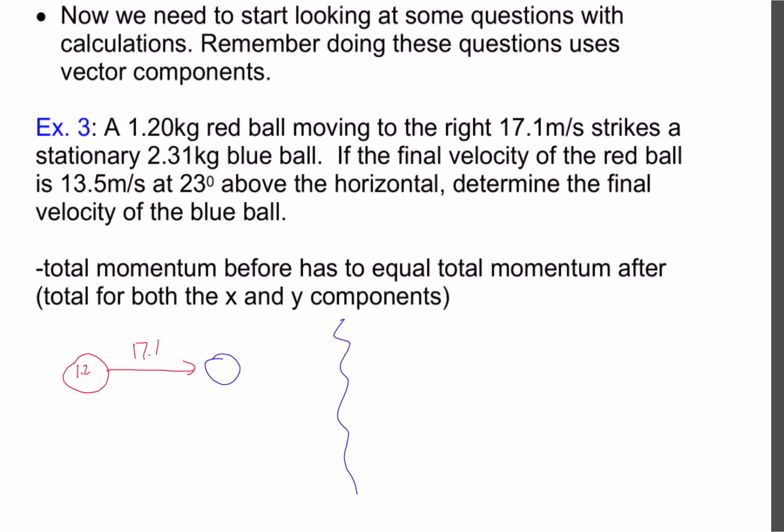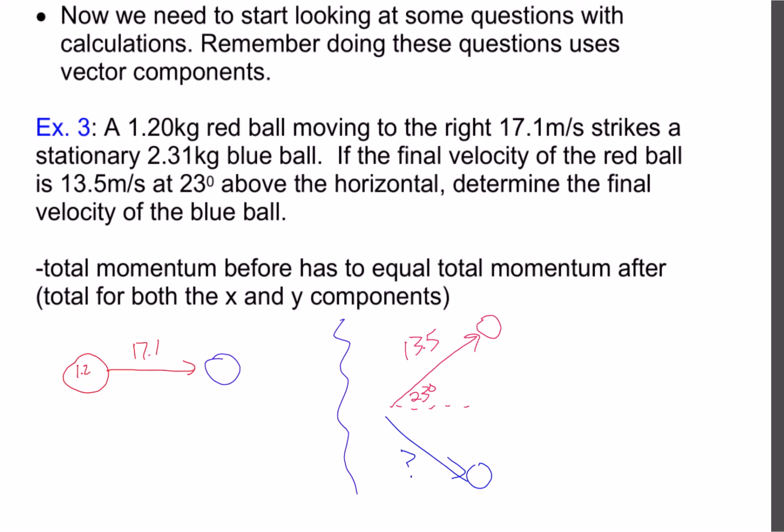Now for our after, the red ball is going to go up at 23 degrees above the horizontal at 13.5 meters per second. The question is asking what the blue ball is doing. Using common sense, if the red one bounces up, the blue one is probably going to go down somewhere, but we don't know how fast or at what angle.